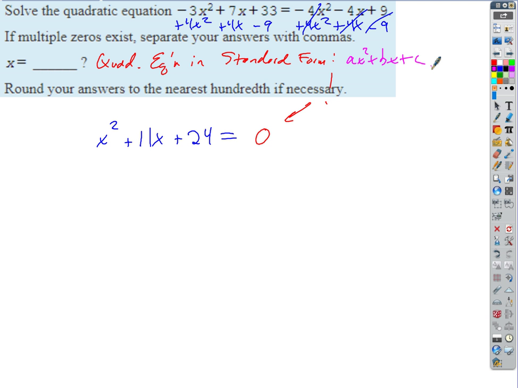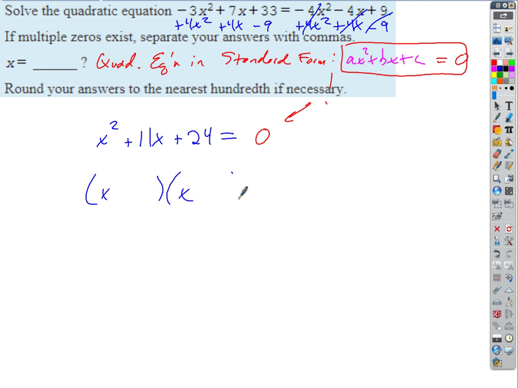X squared's first, then the x's, then the c's, but it's got to be equal to 0. That's a quadratic equation with an equal sign in standard form. It's equal to 0. Okay, well that's easy now, right? Now this is something we can deal with. This is one we can solve by factoring, right? So what are the magic numbers going to be here?